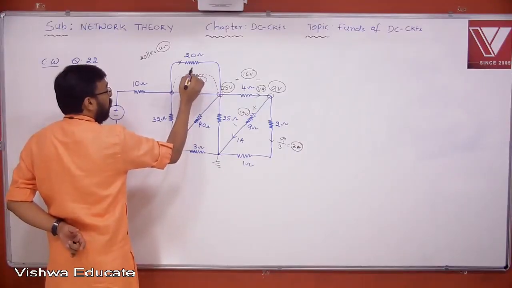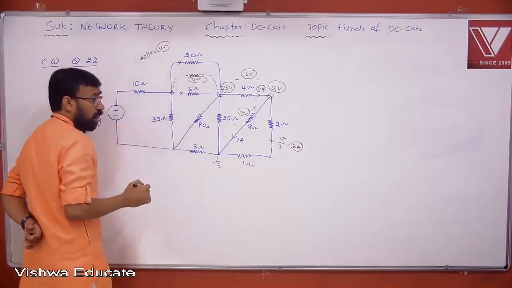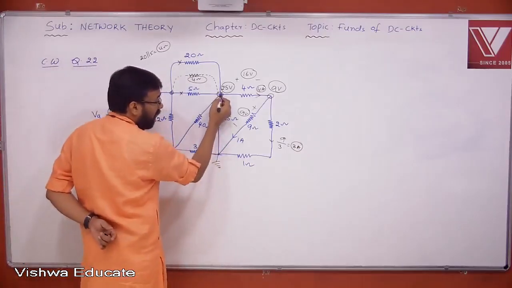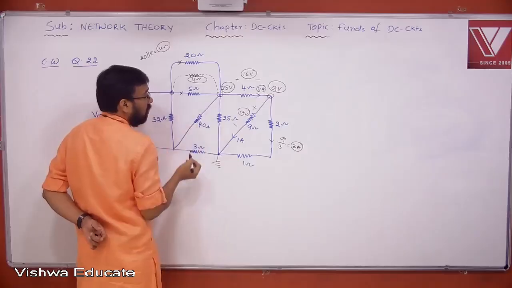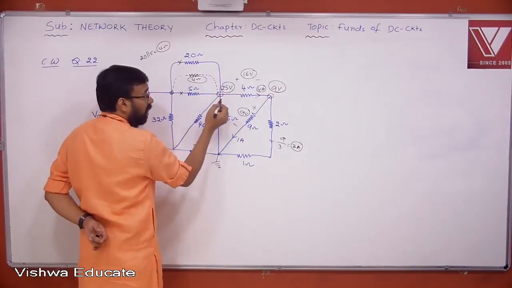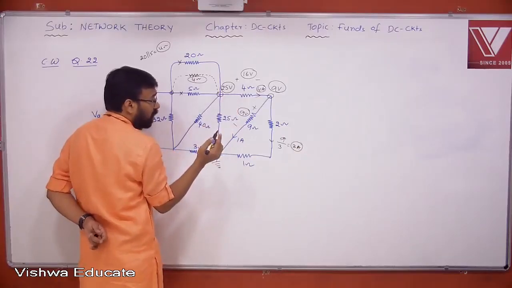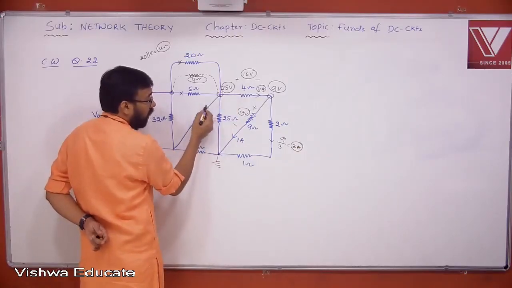To find the voltage, you require current. Yes or no? To find the current here, look at this, how many elements are connected to this node? To find the current here, you must know the current here. But you already know the current here, yes or no? So what are the remaining two elements that you must know the current through? These two, right?